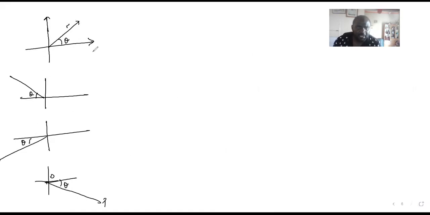It is because as you move this way, this is 0, this is positive 180, up to 360.